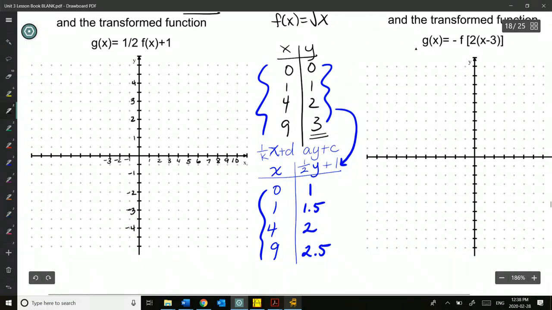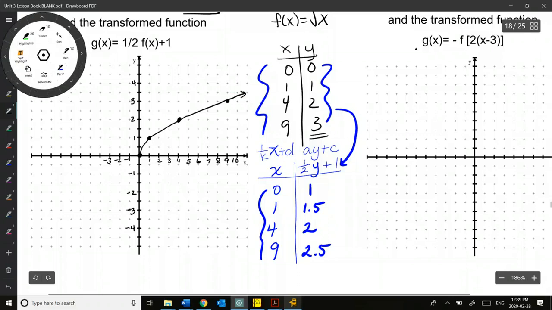Okay, the big thing is we want to make sure that both the parent function and the transformed function fit together on this graph. Okay, let's sketch the graphs. Or not sketch, but actually plot. Okay, so this one's the parent function. I'm just graphing x squared, or square root of x, sorry. And we're going to label.